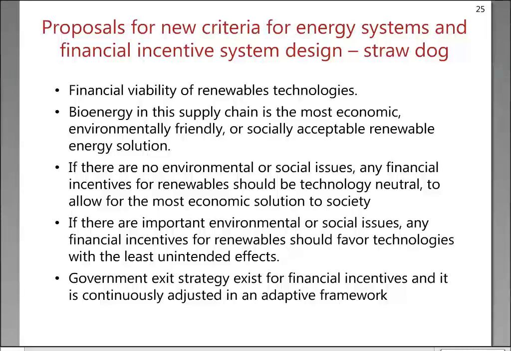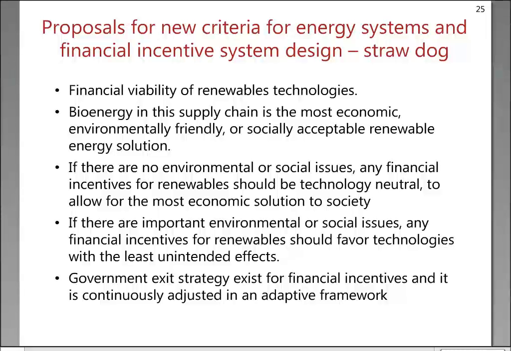So suggestions here include financial viability of renewable technologies, that bioenergy in a particular supply chain must be the most economic or the most environmentally friendly or socially acceptable renewable energy solution.